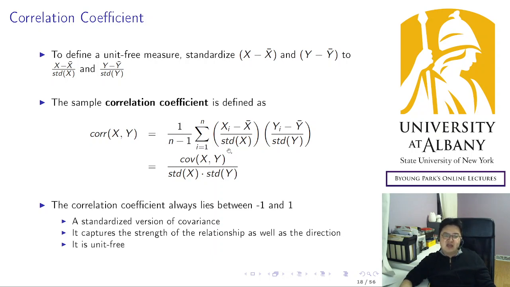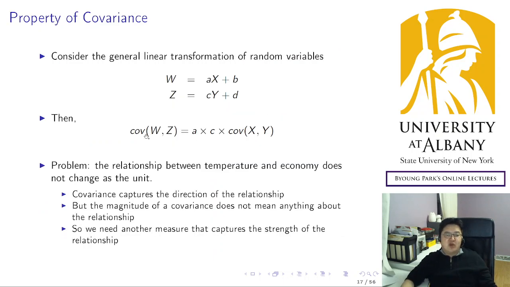And then in the end, simple algebra shows that it can be understood as covariance standardized by both variables' standard deviations. Because covariance involves two variables, when you standardize it, you have to use two standard deviations. When covariance is multiplied, it's multiplied by two numbers from each variable.